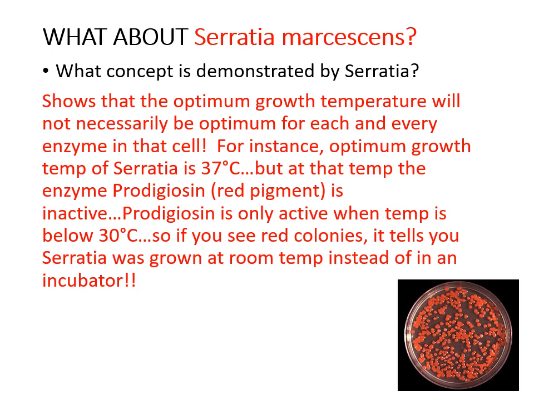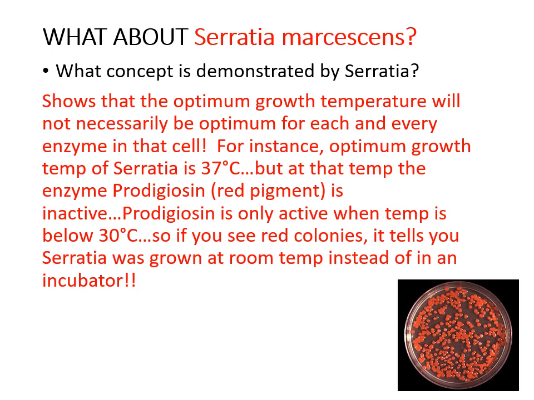That's a significant concept, okay, because that concept is that even though each cell will have an optimal growth temperature, that optimum growth temperature will not necessarily be optimal for each and every enzyme in that cell. So with the example of Serratia's optimal growth temperature is 37 degrees Celsius, which is your body temperature, okay?